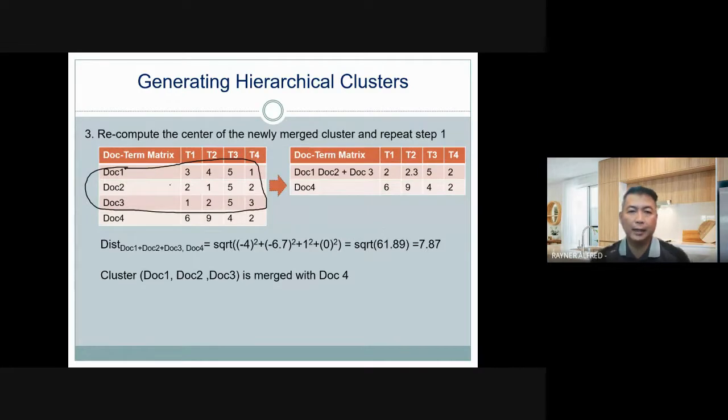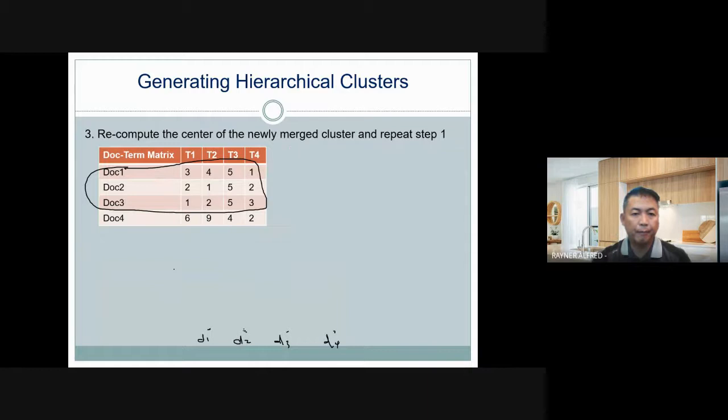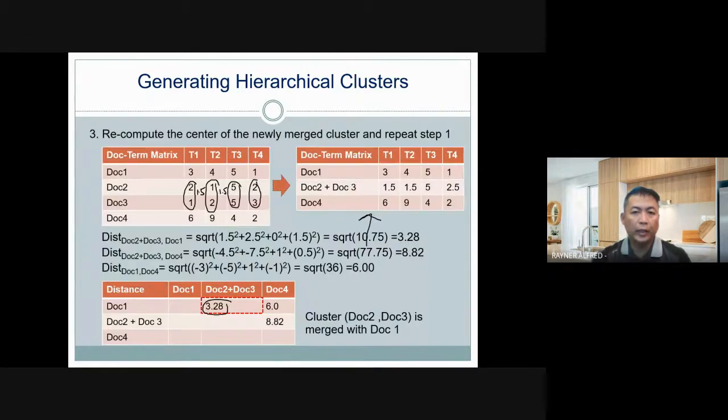So basically, if we have 4 documents, so this is document 1, document 2, document 3, document 4. So first we combine with what? The first one, 2 and 3 first.